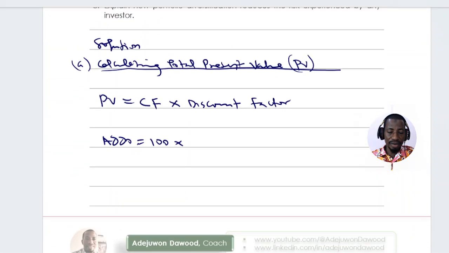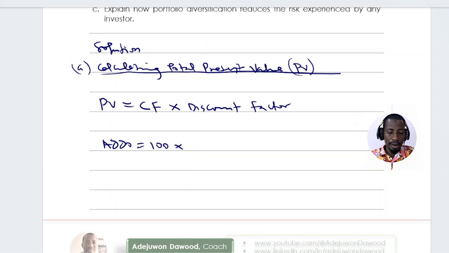So the cost of equity of Ado is 11%. Therefore, my discount factor is 1 plus R raised to power minus N. 11% is the cost of capital of Ado. That will be 1 plus 11%, which is 1.11.